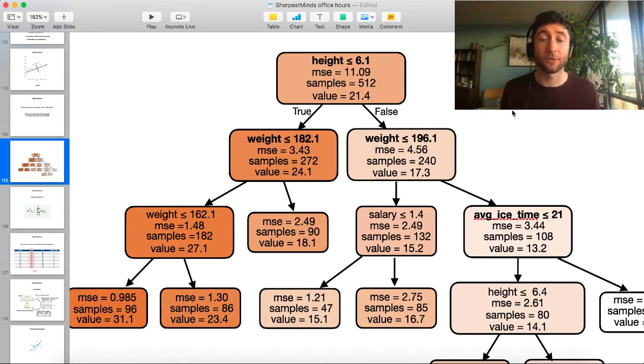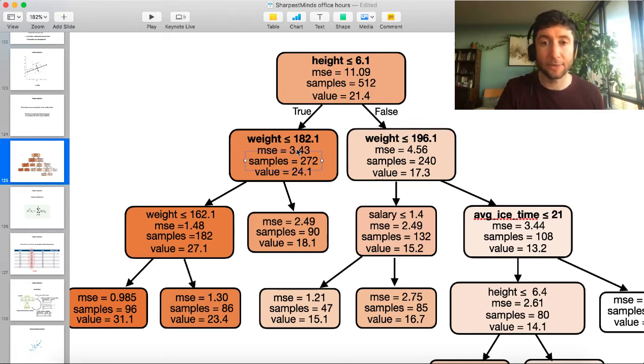We have a way of coming up with a single number that tells us how good or bad a particular question is. So specifically, if I give you a question like, is the height of a player less than or equal to 6.1, you can split your samples up, putting the players for whom the answer is true into one bucket and the other players into another bucket.